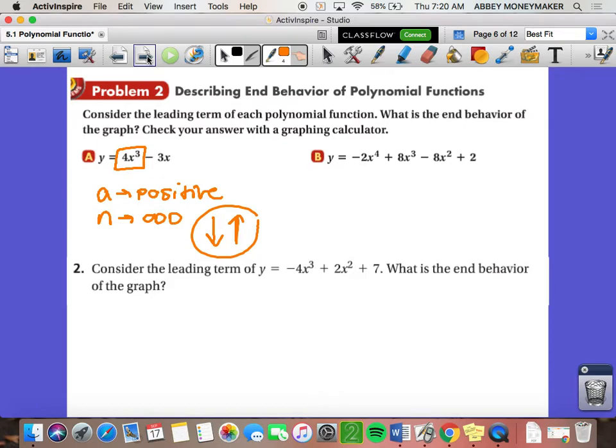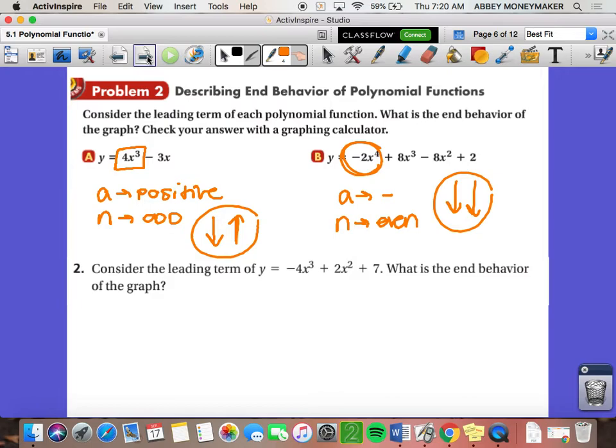That's real fancy, but we're just totally cool with the arrows or the words up, down, up, whatever you need. On part B, again, we notice this equation is in standard form, so I'm good to go. Let's dive right in. My a value is negative, and my exponent is even. So if you need to go back to the chart, you can. But I know that if I'm negative and even, my end behavior is down, down.